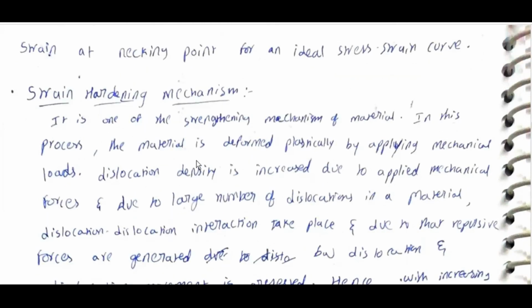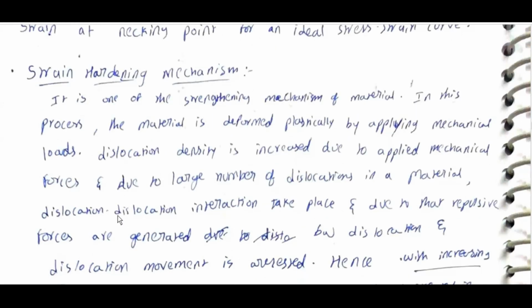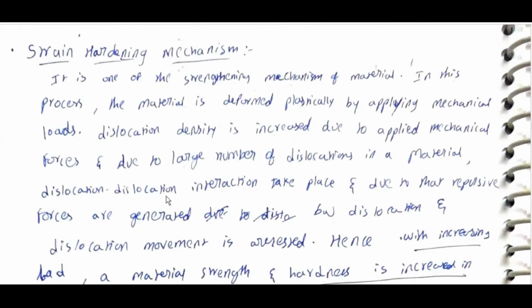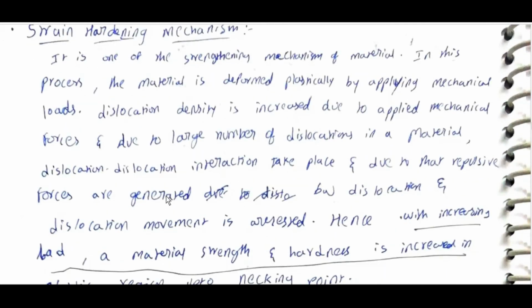Strain hardening mechanism. It is one of the strengthening mechanisms. In this process, the material is deformed plastically by applying loads. Dislocation density is increased due to applied mechanical forces. Due to the large number of dislocations in a material, dislocation interaction takes place, repulsive forces are generated between dislocations, and dislocation movement is arrested.